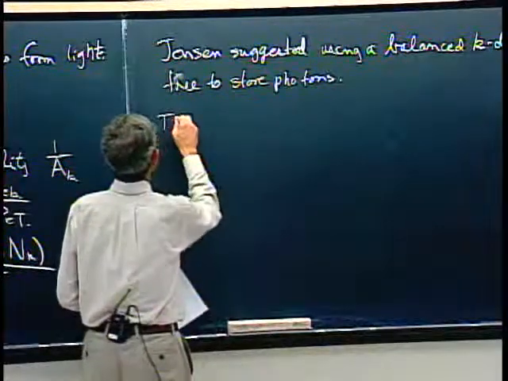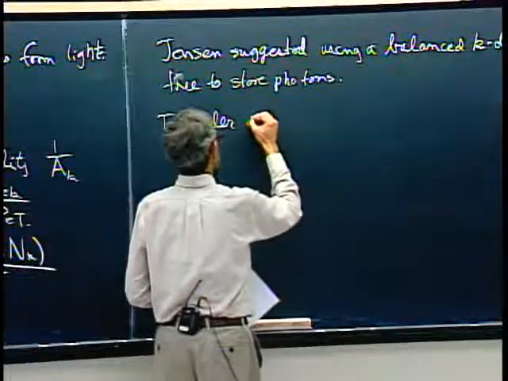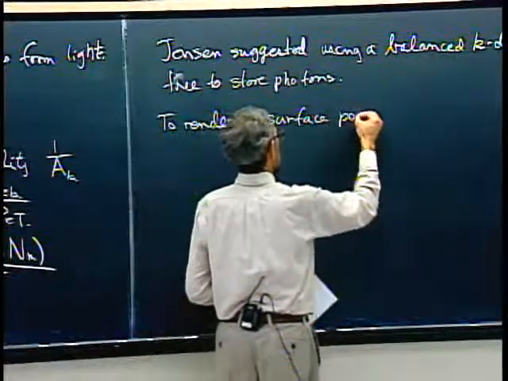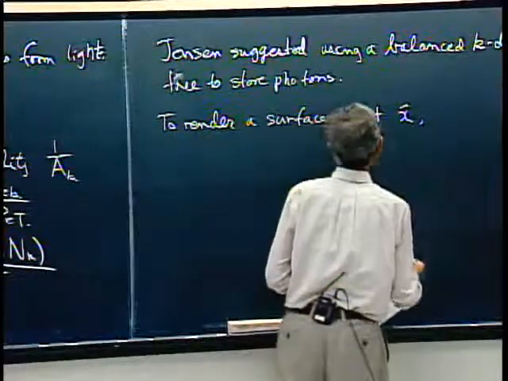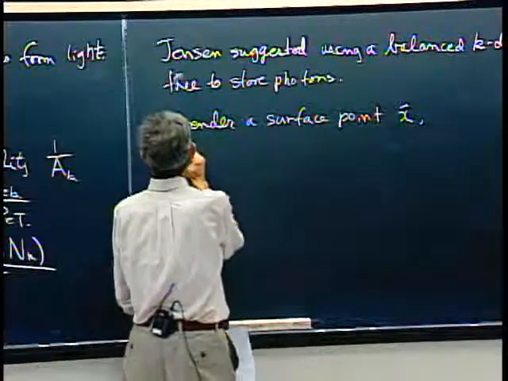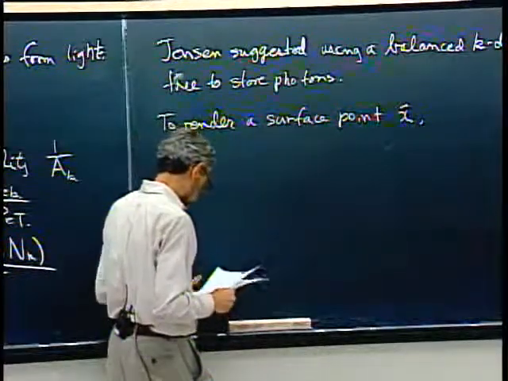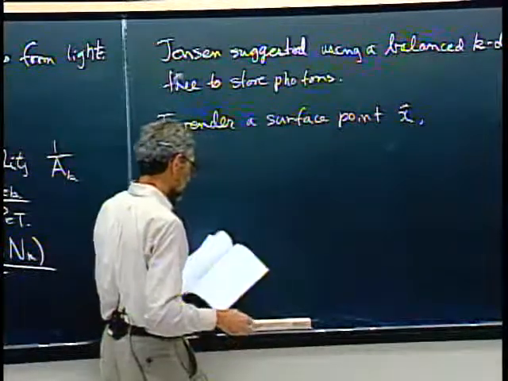So to render a surface point, say x, what we'll do is we'll use, let's see if my notes tell me the name of it. Nearest neighbor, I think, is what the book called it.